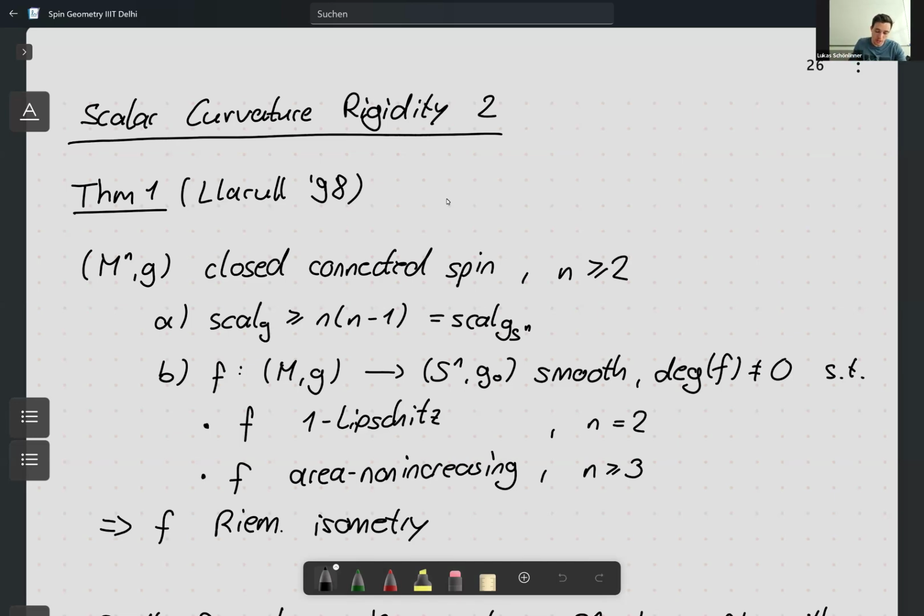And in dimension at least 3, we can relax this a bit and assume that F is area non-increasing, which is the area analog to length non-increasing. And I would say these are quite mild assumptions, and we get a very strong conclusion, namely that F is a Riemannian isometry. So basically M is already a round sphere.